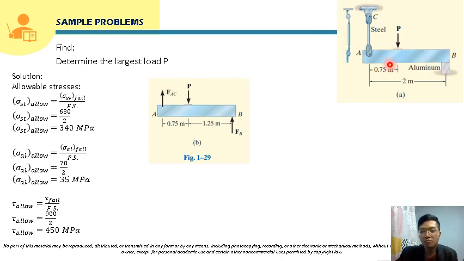This is also supported by the aluminum block here at point B. The member AB is just like leaning, so this will just be like a smooth surface. So the reaction here will also be a normal force, so we will name that normal force as FB.